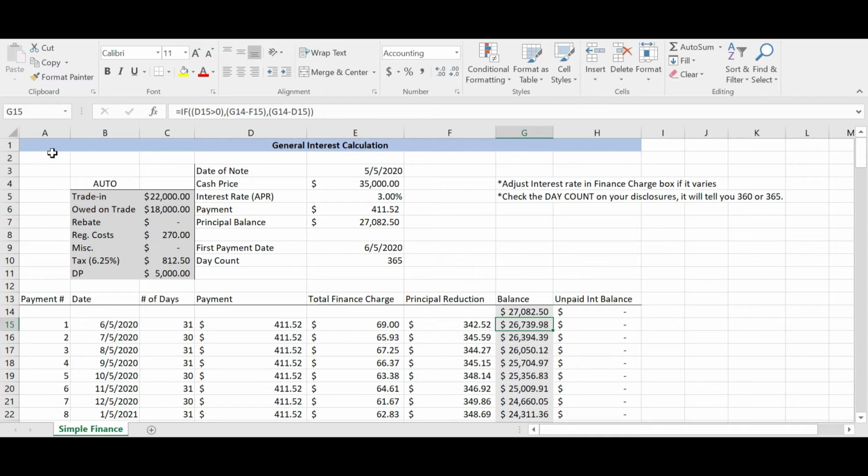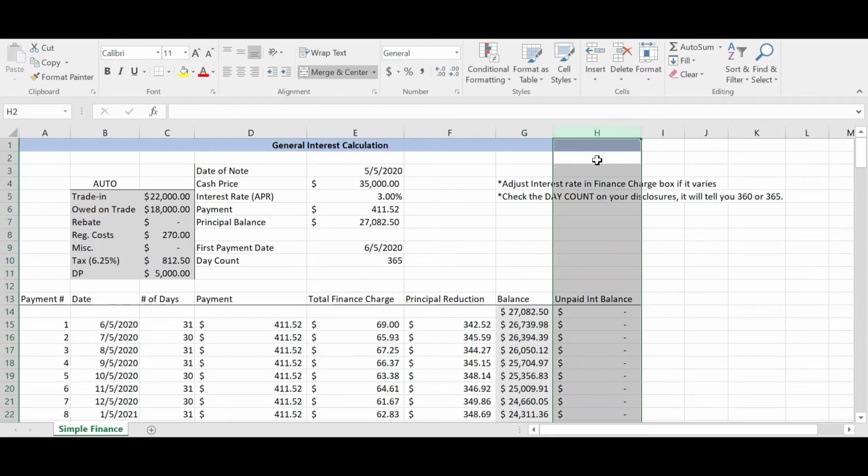This is accurate. This is 100% true to the penny what you can expect if you're trying to calculate your expected auto loan payment. And you can use this two ways. There's no formula built into the payment and the cash price like you would see on those payment calculators online, but you can use a sweet little feature called Goal Seek.